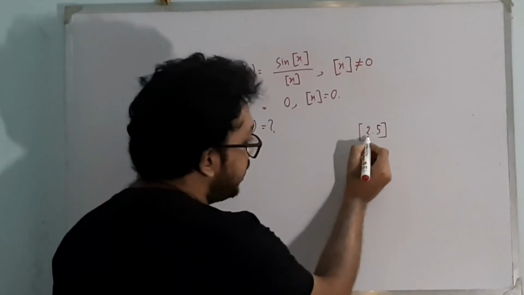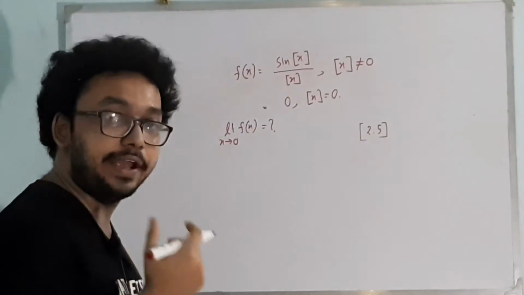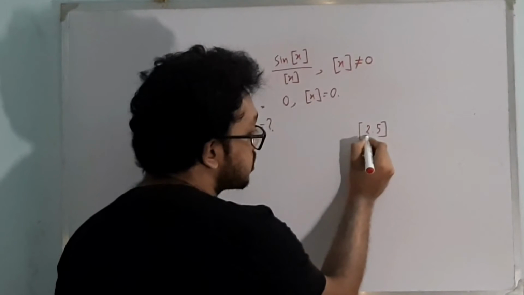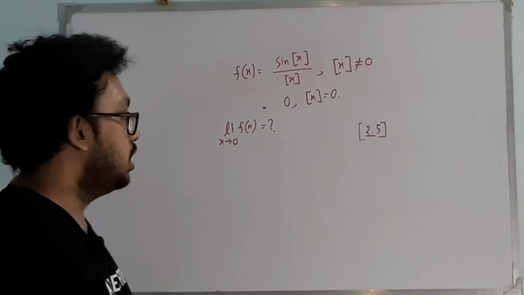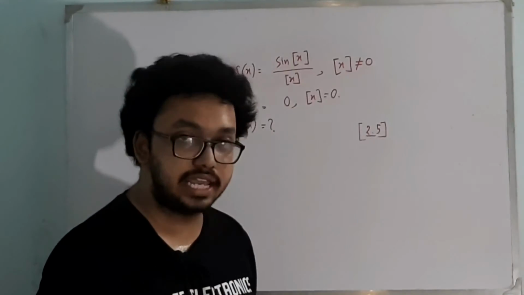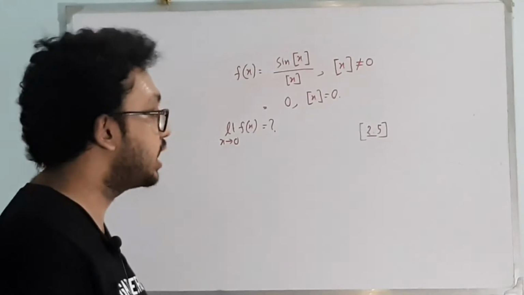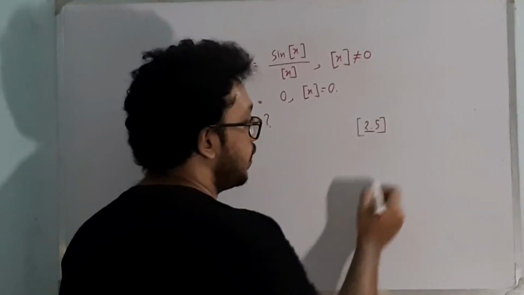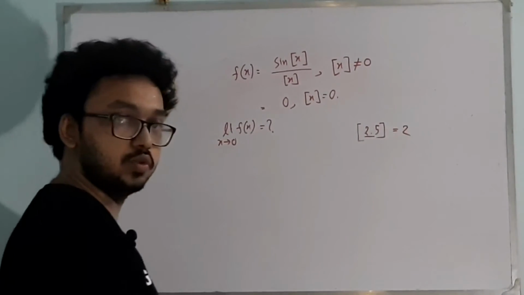You have to find out the integer which is just smaller than or equal to 2.5. Now 2.5 itself is not an integer. So we have to find out the integer which is just smaller than 2.5. What is the integer which is just smaller than 2.5? Nothing but 2. So greatest integer function of 2.5 is 2.